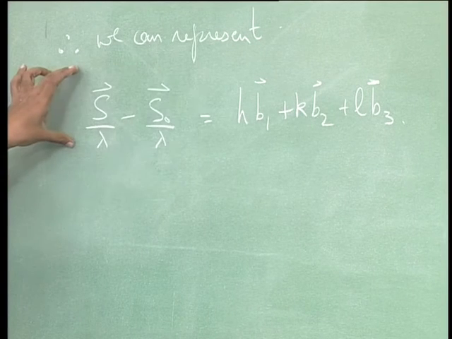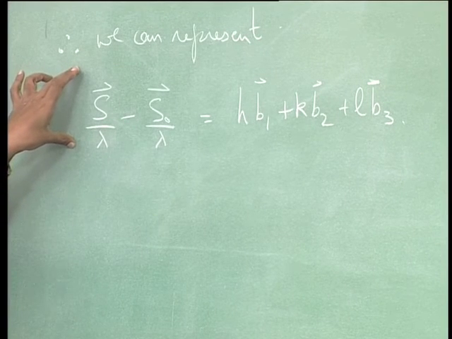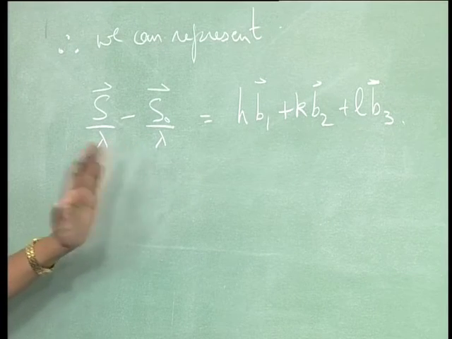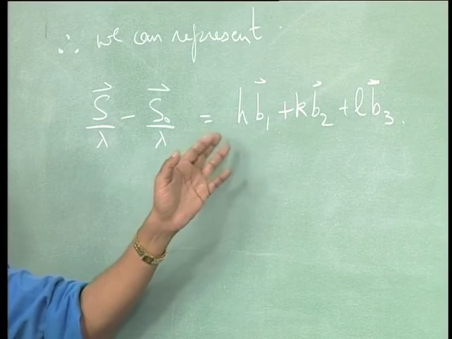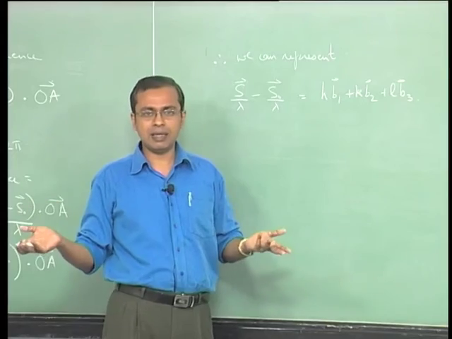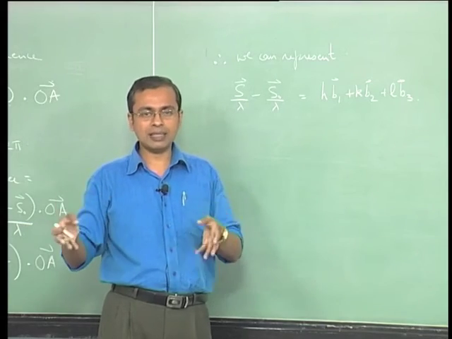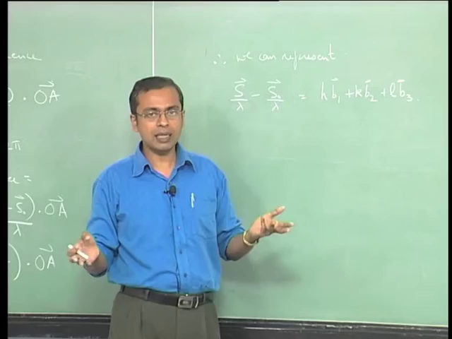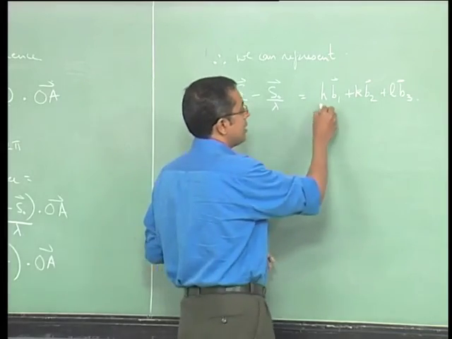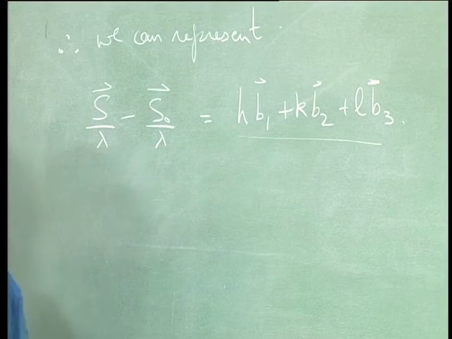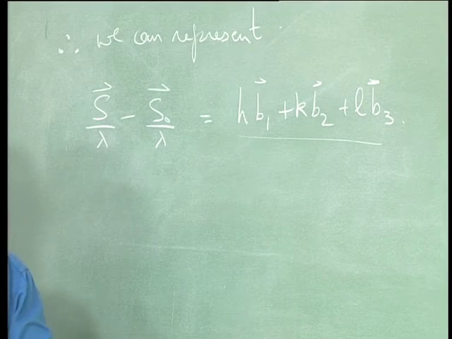Since you have full freedom to select anything for the left hand side of this equation, it therefore means that h, k and l can also be any arbitrary number. It could be an integer, it could be a fraction, one of them could be a fraction, anything could be true, right. So at the moment, the way it is written, even though we have used h, k and l, no restriction is actually being placed on the values of h, k and l.